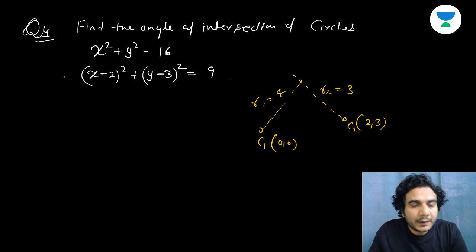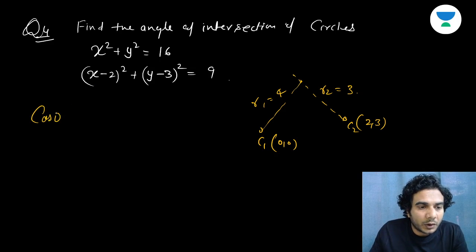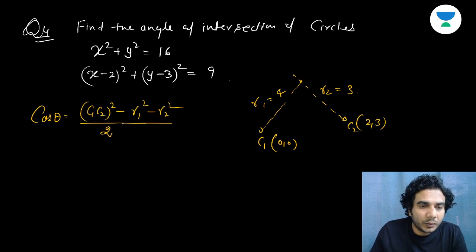So if I simplify it, what was the formula by the way? Cos theta is equal to C1C2 the whole square minus R1 square minus R2 square divided by 2R1R2. Let's apply that. C1C2 square is 2 minus 0 the whole square plus 3 square.